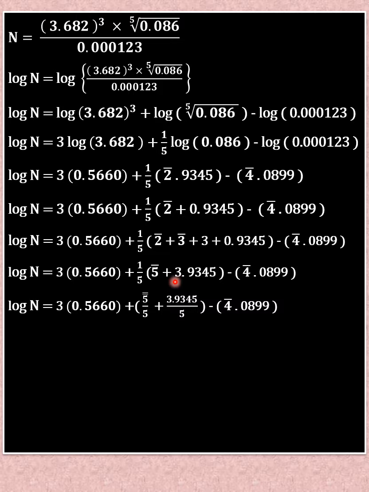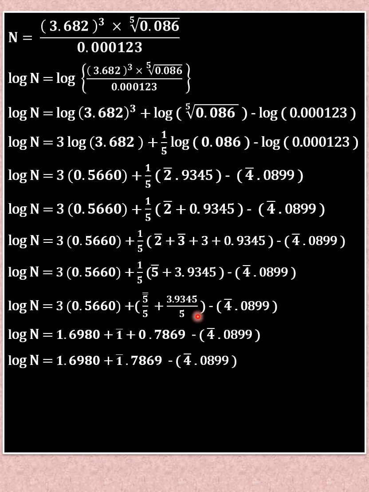Minus 3 minus 2 becomes minus 5, and this minus 5 is divided by 5. And here this 3.9345 is divided by 5 again. In this manner make the multiplications of the other terms and solve carefully. You will get the answer like this. Make the addition of these both terms. Here it is simple multiplication, do not use the log again.